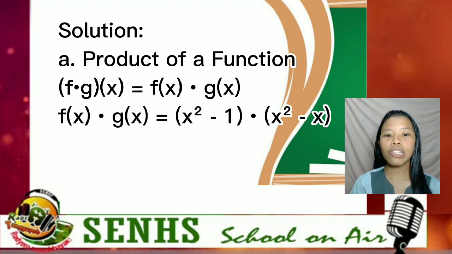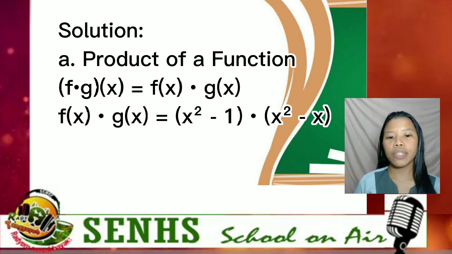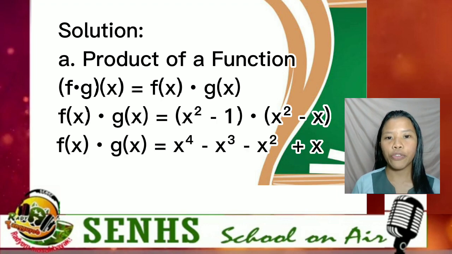Now that we have these formulas, let us simply substitute the given into the equation. That gives us x squared minus 1 times x squared minus x. That gives us the answer, x to the power of 4 minus x cubed minus x squared plus x.